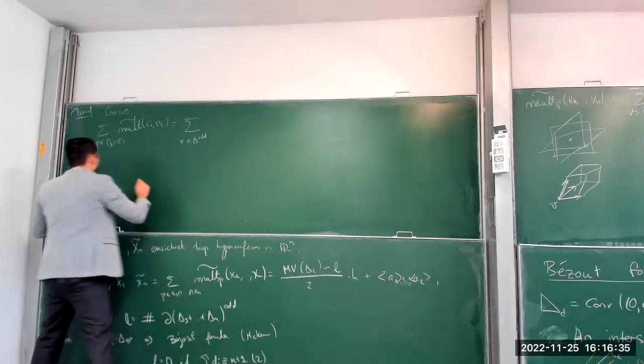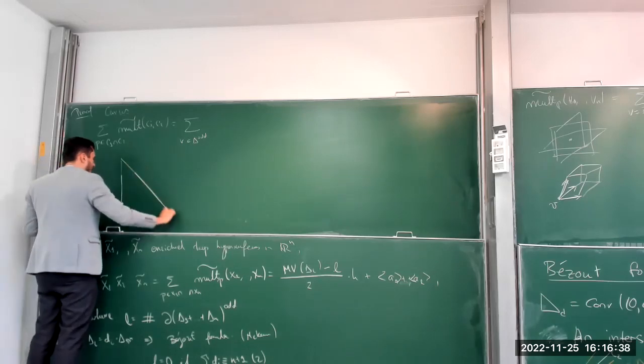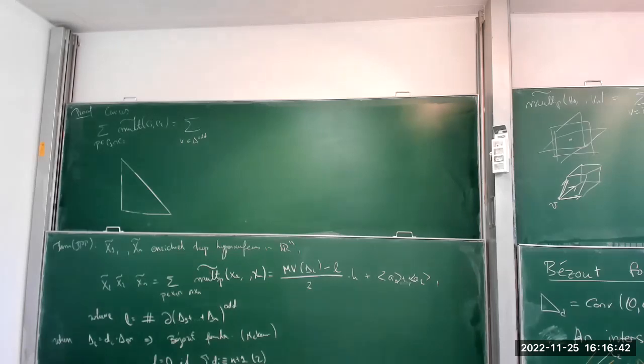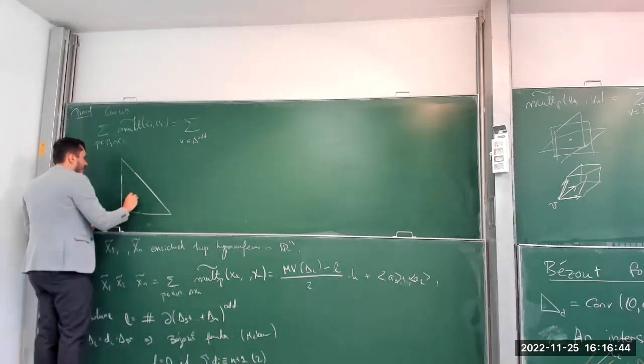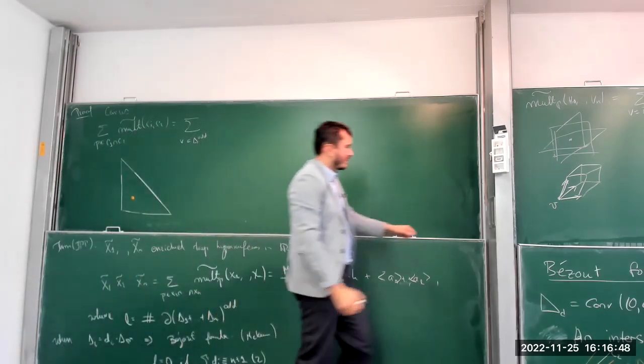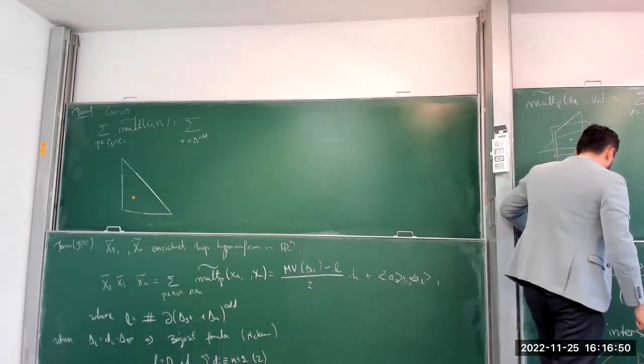So if I have a vertex in the interior, the phenomenon that's happening here is going to be a constant phenomenon.